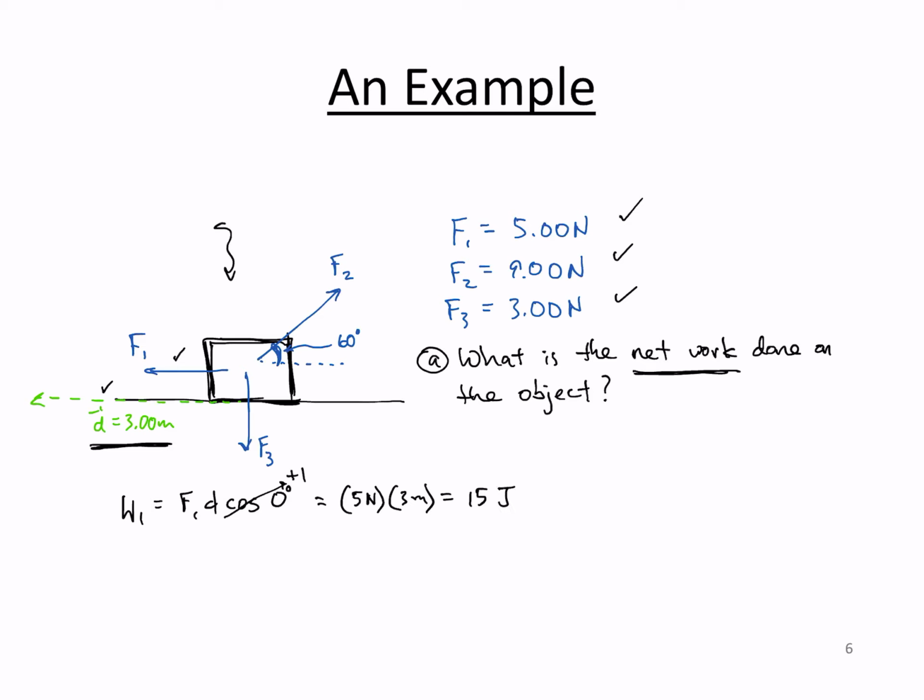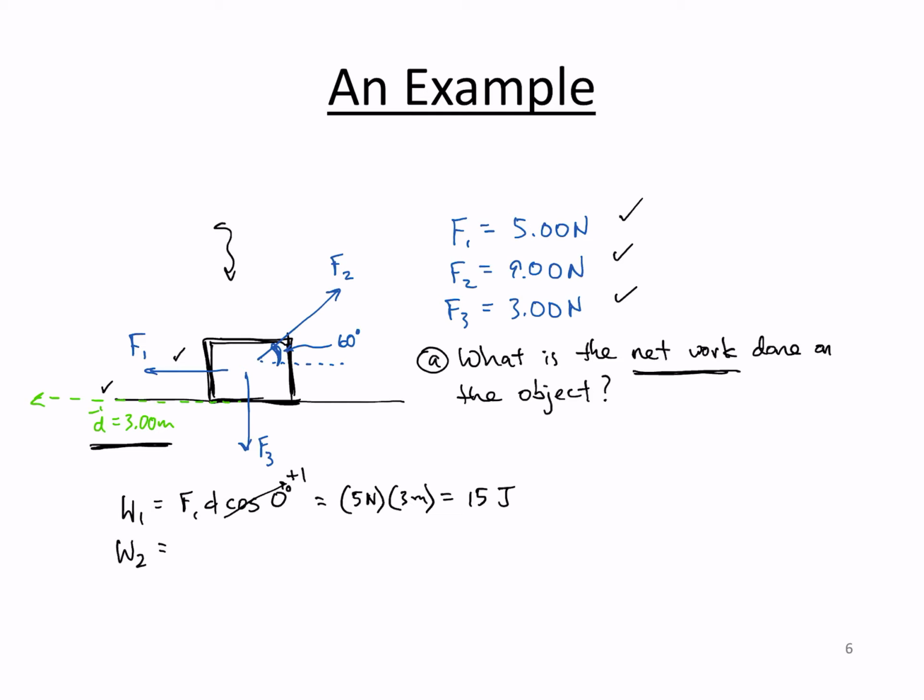Positive work, so that force, because it's acting in the direction of the displacement of the object, would tend to add to the amount of energy that object has if it were the only force doing work on it. Of course, the amount of work done on the object depends on the other forces, too.